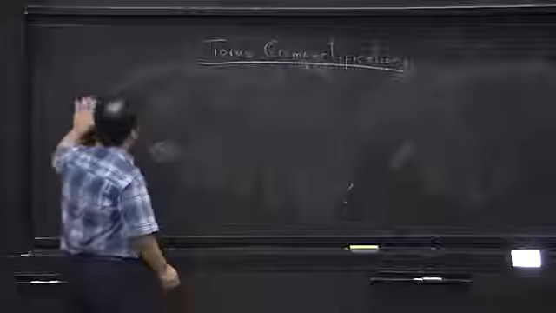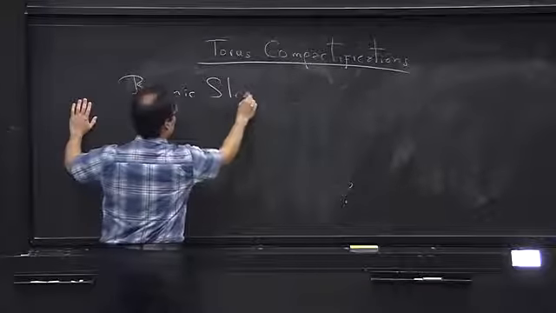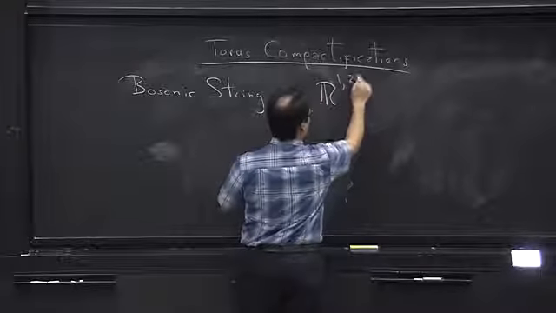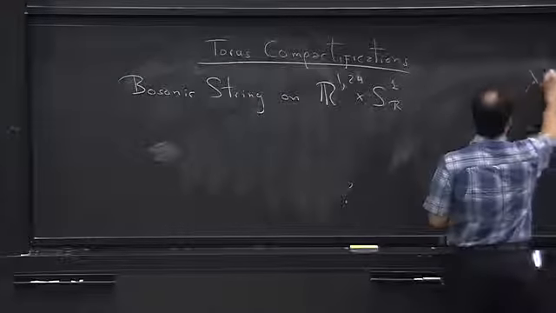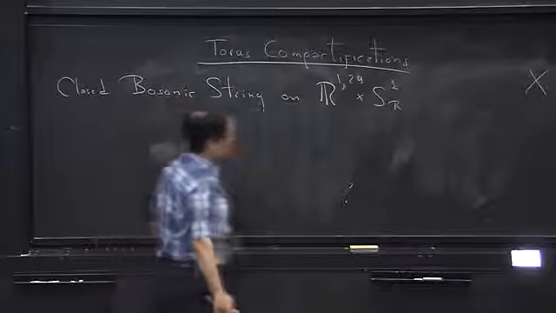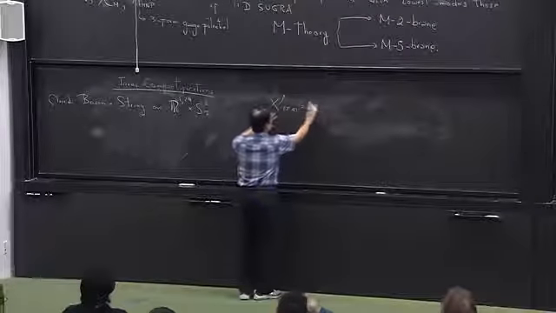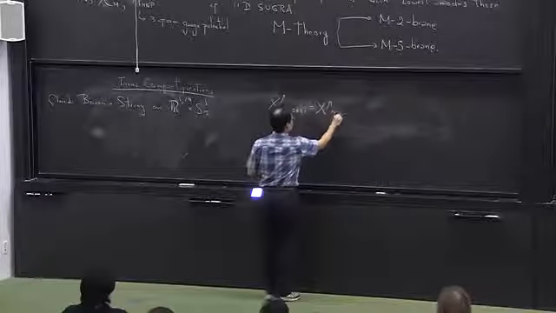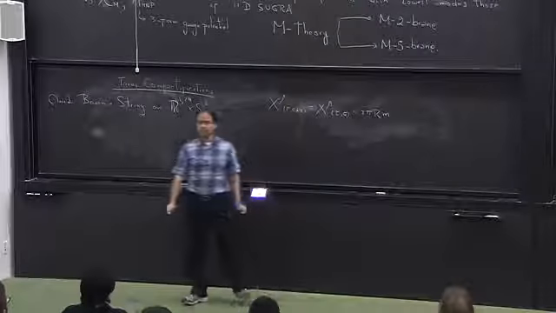In your tutorial, you study what happens when you compactify the bosonic string on R^24 cross S^1 with a radius R. Say you study the closed bosonic string, and you said, well, all we have to do is to quantize the string, imposing boundary conditions of the form, right?